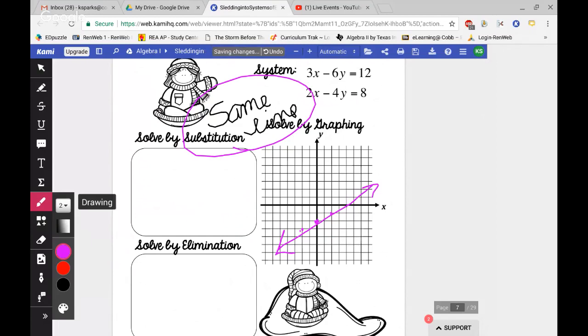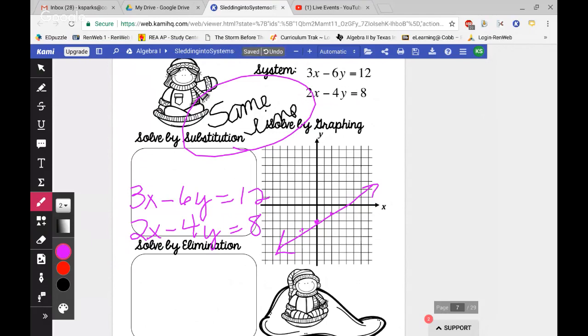So elimination would look like this. I'm actually going to do elimination using both boxes because on this particular one, Lily, it would be 3x minus 6y equals 12, and then 2x minus 4y equals 8. And here, we're going to have to multiply.